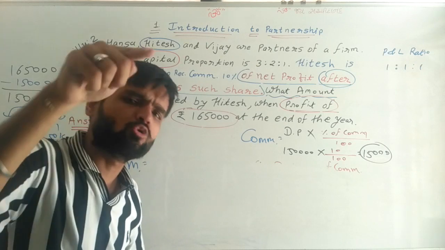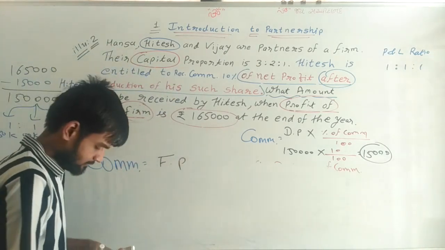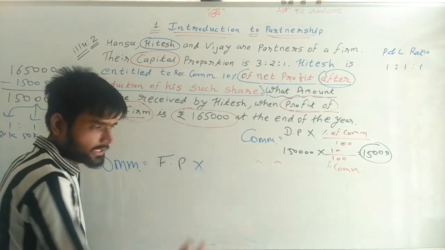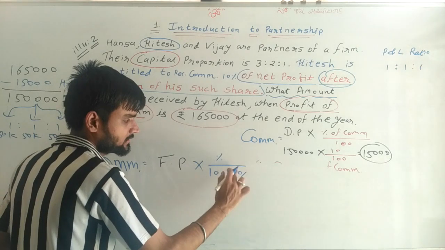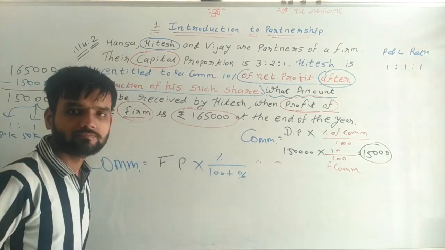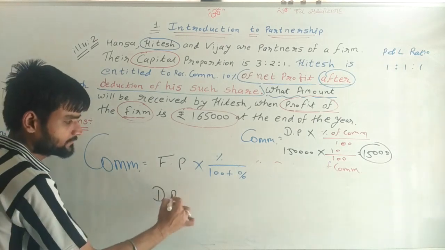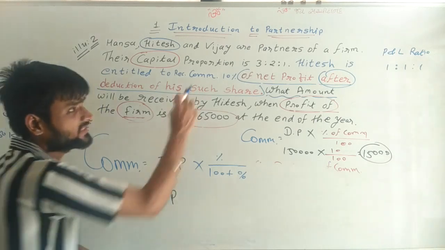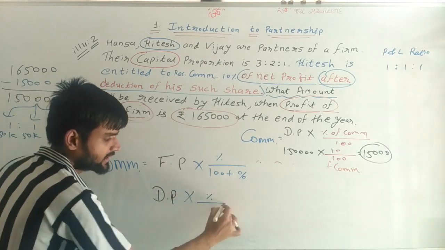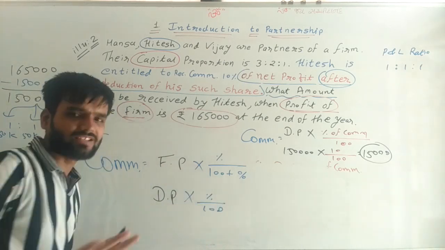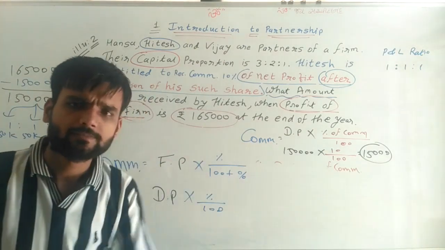Which profit is given to you? If firm profit is given, then firm profit into percentage over 100 plus percentage. And if divisible profit is given and this statement is given, then directly find percentage upon 100. That's it. You will get the 3 marks definitely.